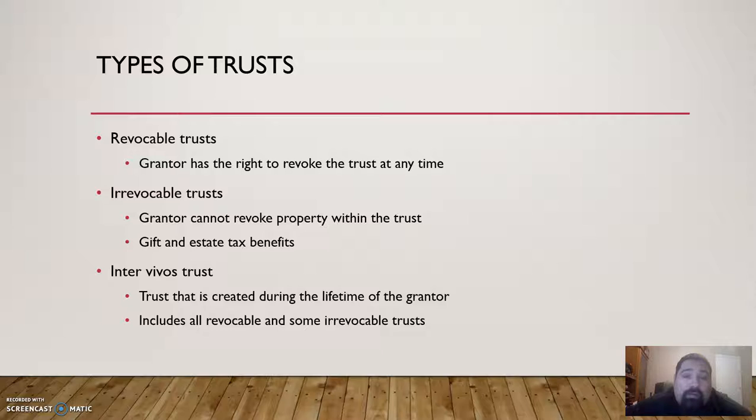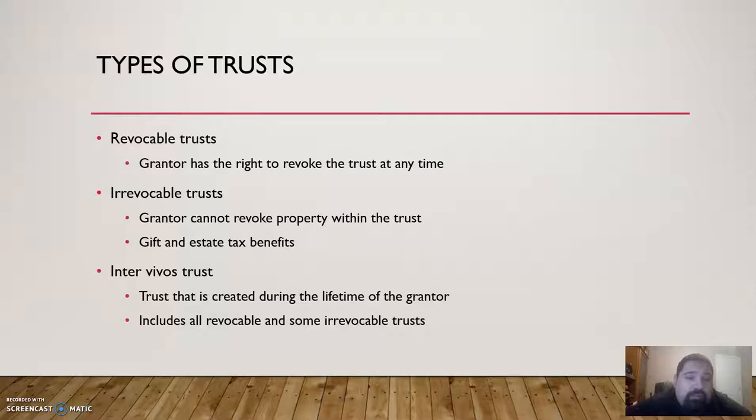The grantor could take away the funds in the trust. An irrevocable trust actually is the opposite of that. When the grantor sets up the trust, they cannot actually revoke the property that's inside the trust. And an irrevocable trust typically has gift and estate tax benefits as well.